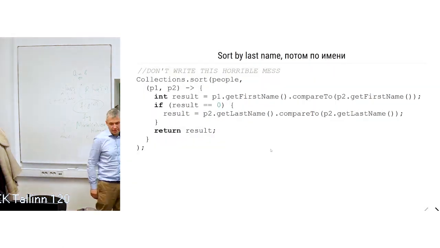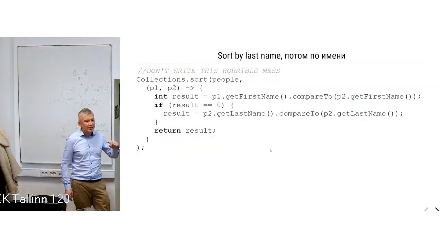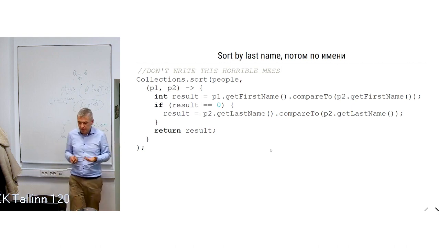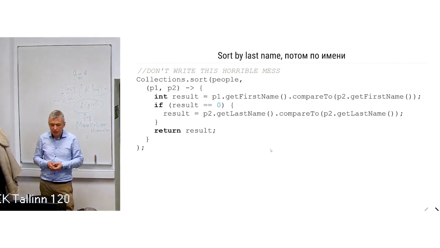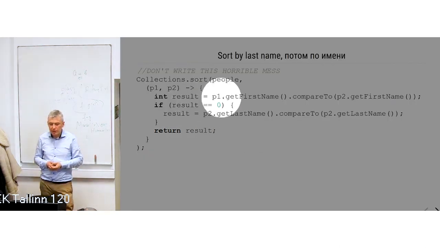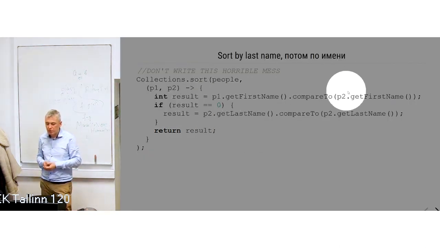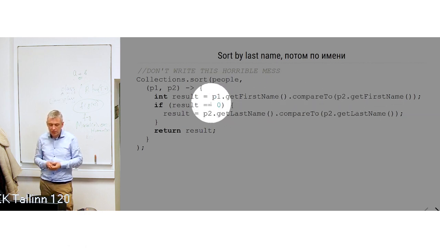Before Java 8, you must have written this code, lots of code. Okay, let's try to understand. First, we are comparing getFirstName compareTo getFirstName. Oh, it's actually first name then last name. Doesn't matter, one of the properties.